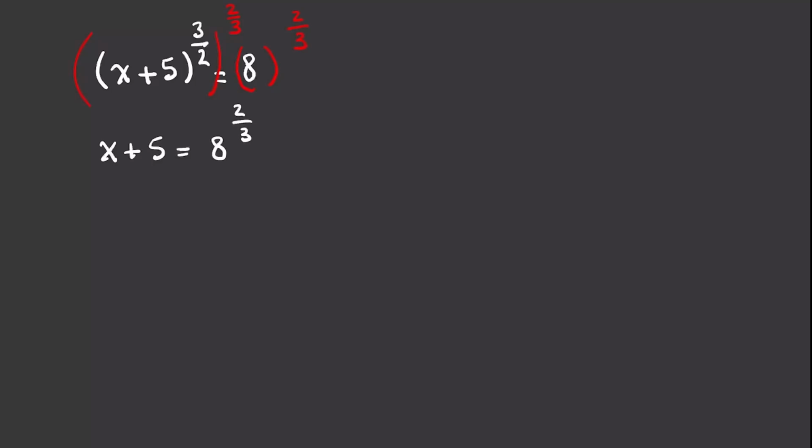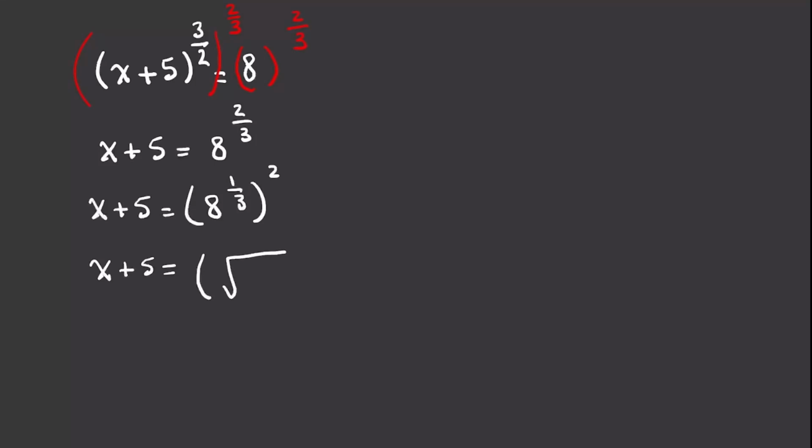The way I am going to do this is rewrite it as 8 to the 1/3 squared. I'm separating the rational exponent. Now 8 to the 1/3 is the same as the cube root of 8, squared.